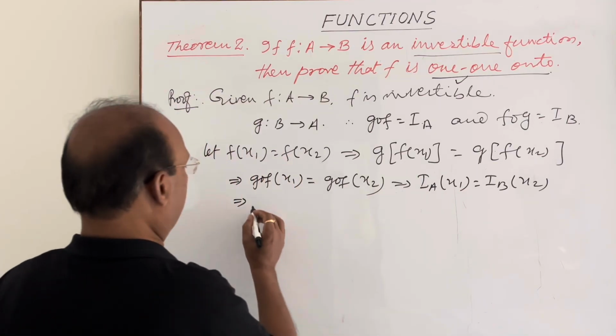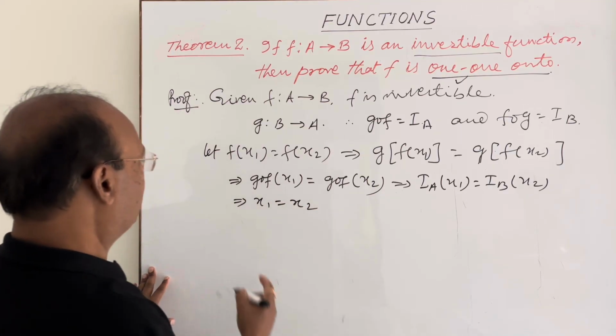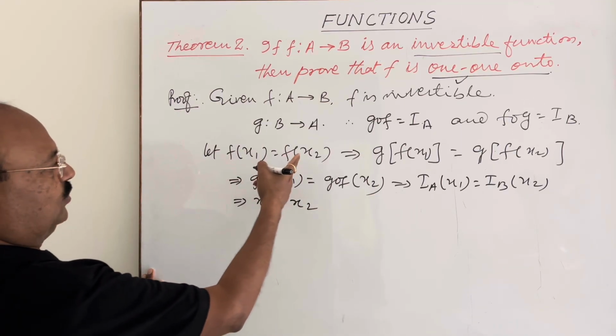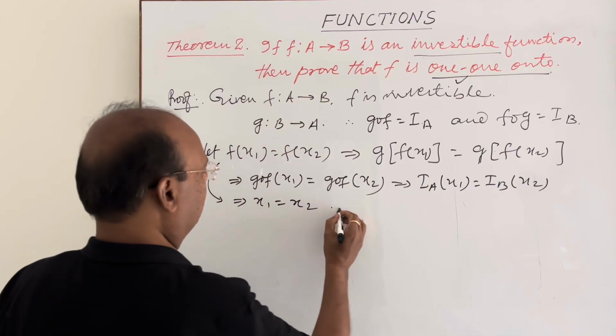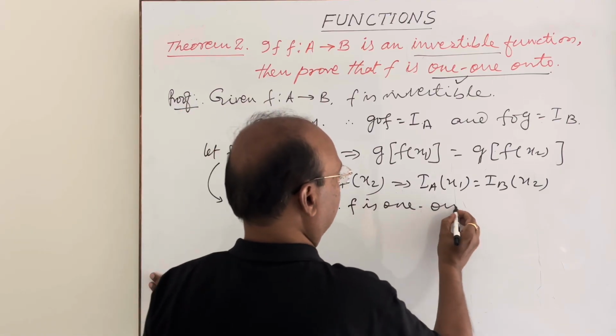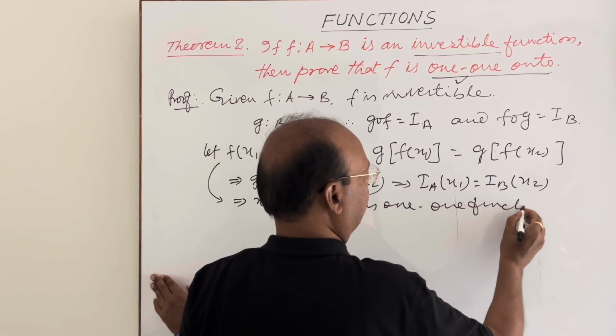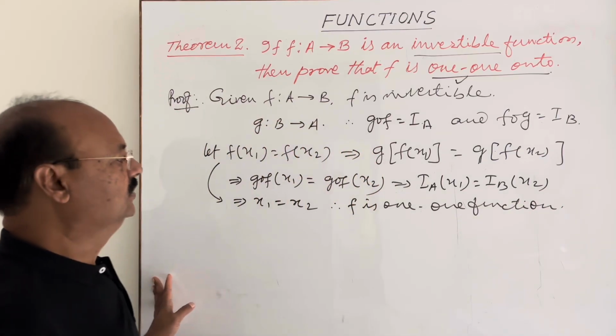So this implies that x1 is equal to x2. So here we are getting f(x1) is equal to f(x2) implying x1 is equal to x2, and therefore f is a 1-1 function.